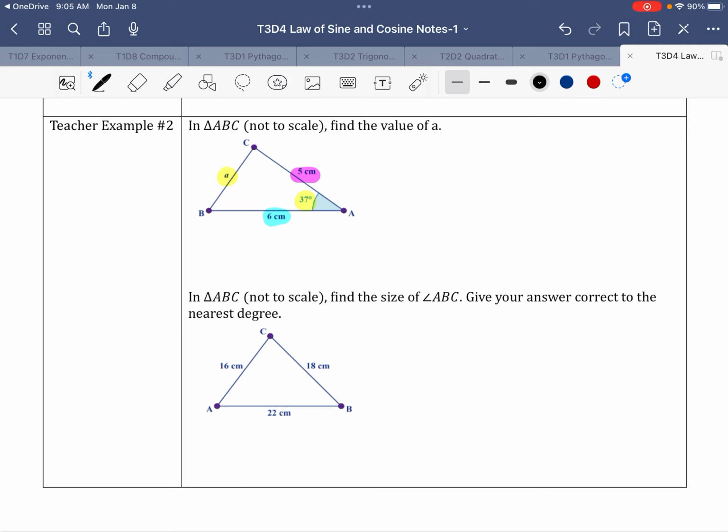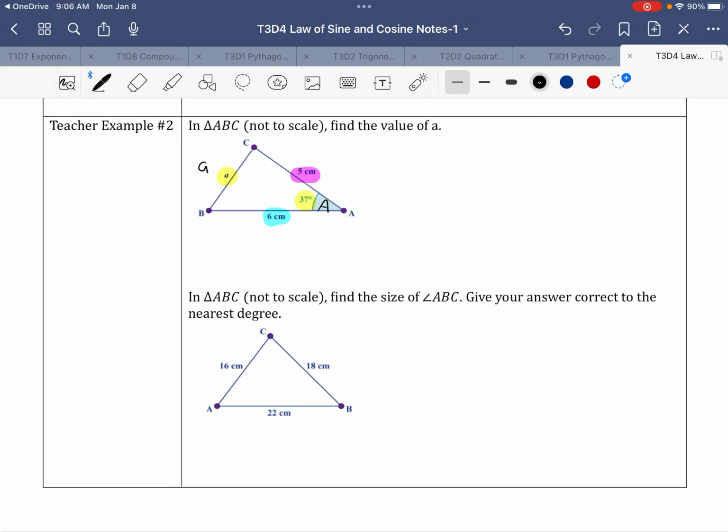Since we're looking for side A, that A has to be the A squared in our equation, okay? So that's going to be our A, which makes 37 angle A. Now sometimes the naming of the triangle will go against how you have to name it in order to make your equation work. That's okay, right?